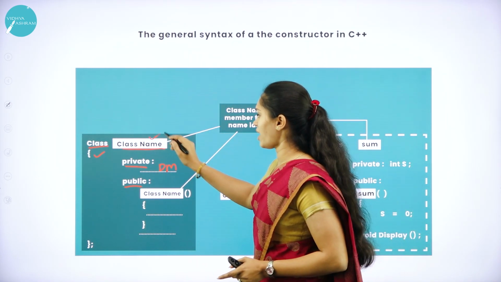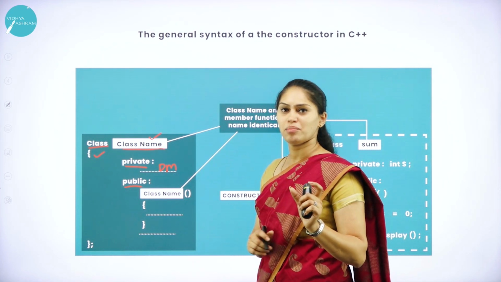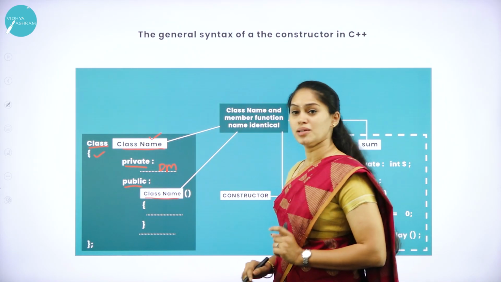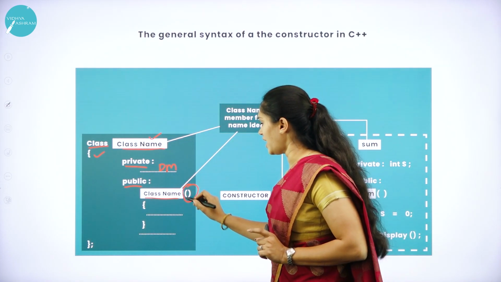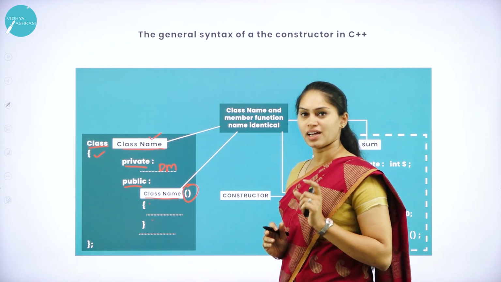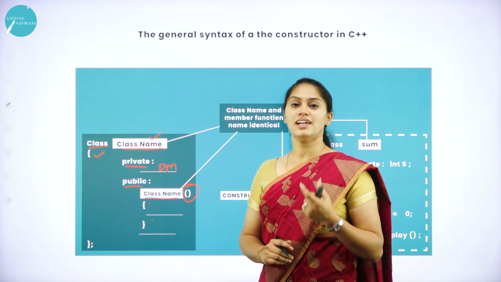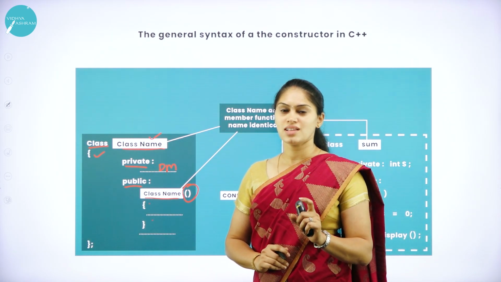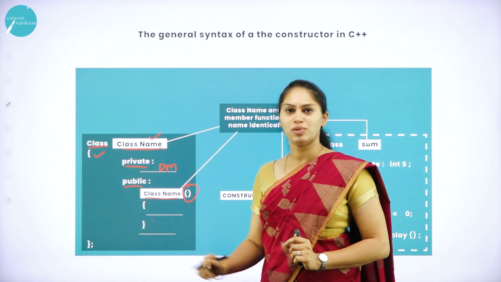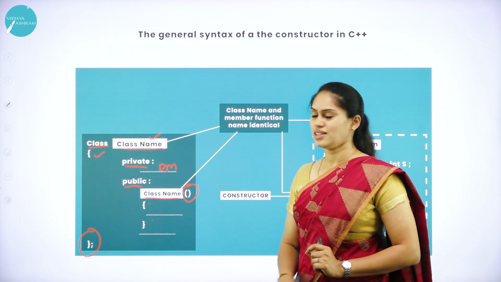So whatever class name I give in the class definition, in the same name I must have the constructor, because it is a function and it must have brackets, and this specifies the body of a constructor. With the help of this constructor, I can initialize the data variables of a class. That is, data members of a class can be initialized with the help of this constructor, and this ends the scope of the class. This is the syntax.